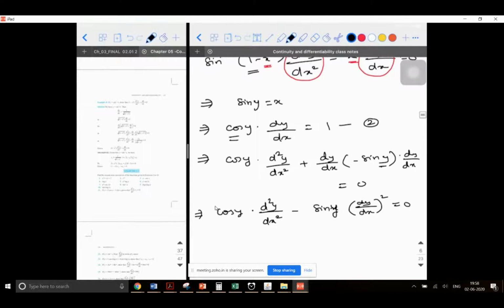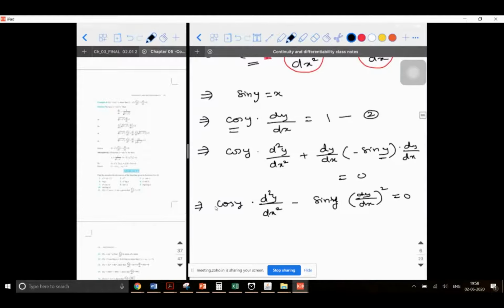Right. Now, how to solve this? How to solve this problem? Any idea? What are all the manipulations we can do? I have an idea. Yeah, tell me. Sir, we know that sin square y is equal to 1 minus cos square y.